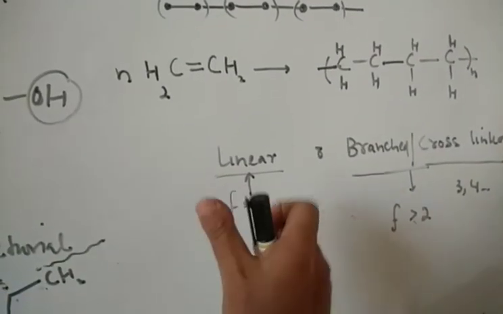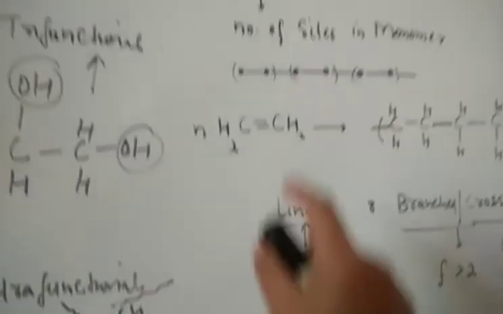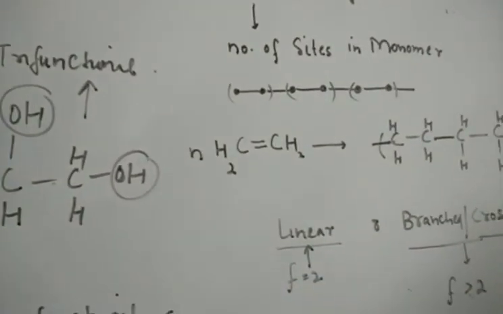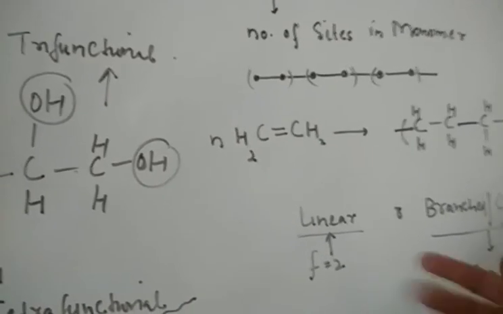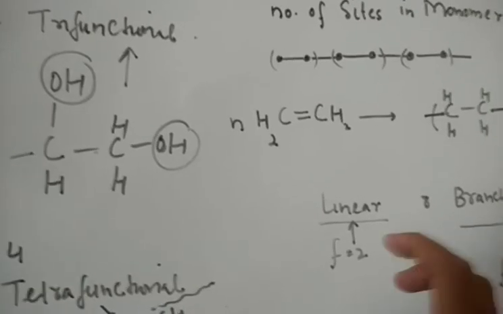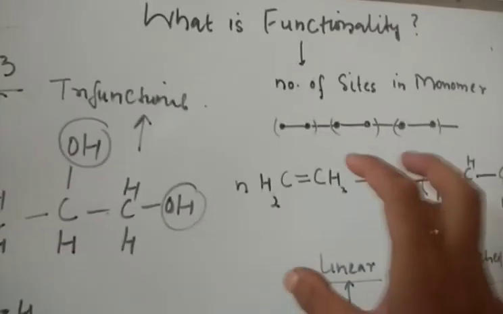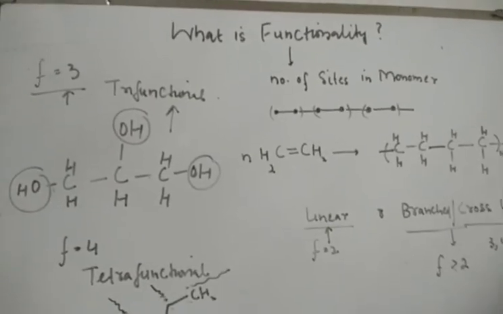But if your F is equal to 2, then you will get a linear polymer. So functionality gives us information about which type of polymer can form. This is the basic concept of functionality in polymer chemistry. So this is all for the day.